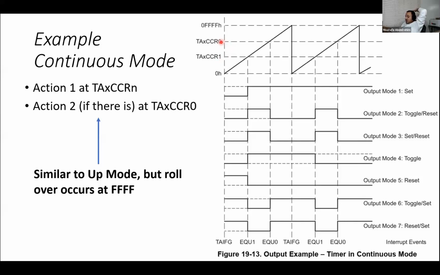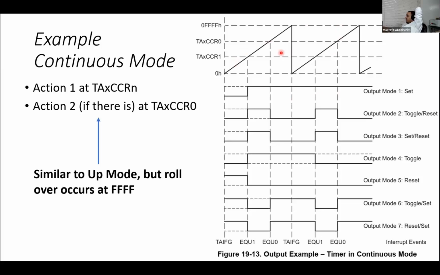What's basically fixed here is the use of TxCCR0, which is tied to the second action, if there is a second action. The first action is usually tied to TxCCRn because again we have TxCCR1, 2, 3, 4, and 0. But 0 has a special use, to implement the second action.